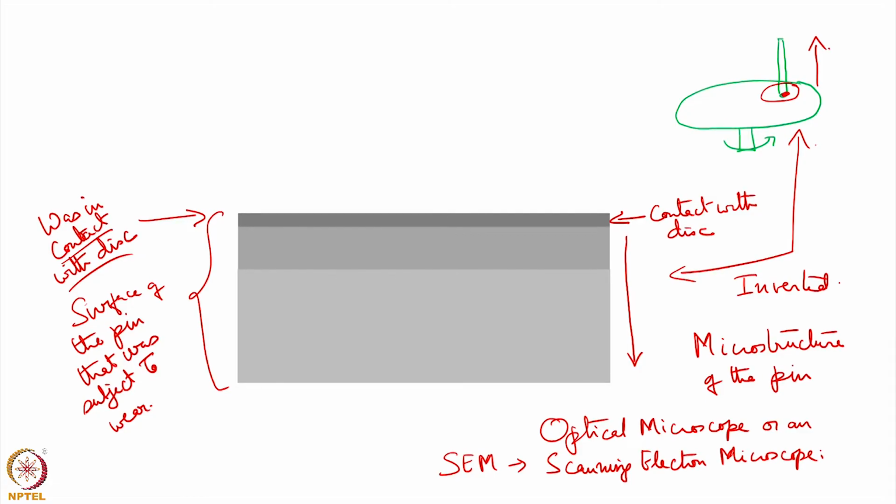Okay. So, when you do this on the wear test, we find that there are 3 major layers usually seen in a typical wear test.